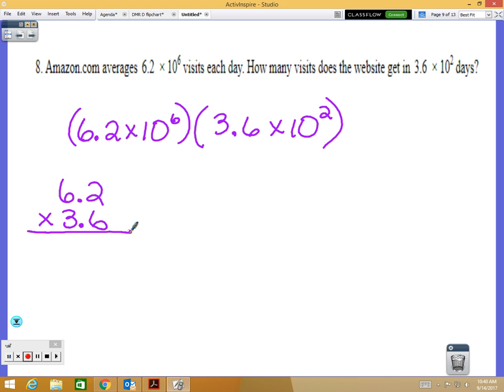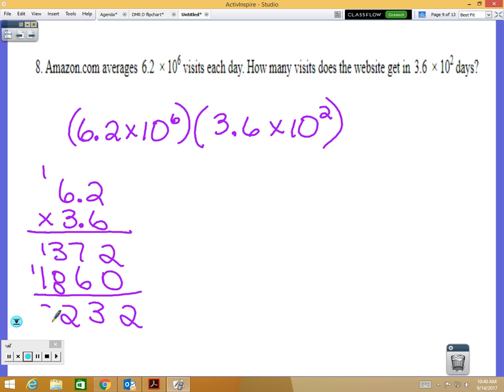This is just like 62 times 36. So I'm going to go ahead and do that real quick. I have 2 digits after my decimal. Don't just drop it down. 2 digits after my decimal, so it goes in between my 2 and my 3.